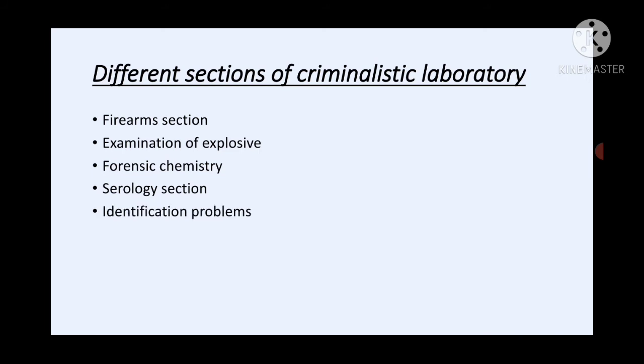The next one is identification problems. Identification problems provided the impetus for developing scientific laboratories as a section of law enforcement agencies. Identification departments are now a mainstay of modern criminalistics laboratories.